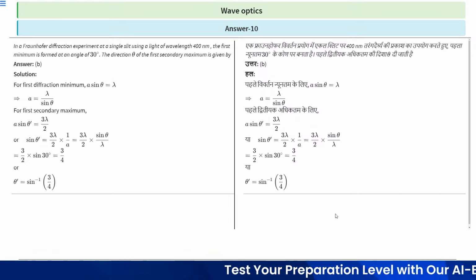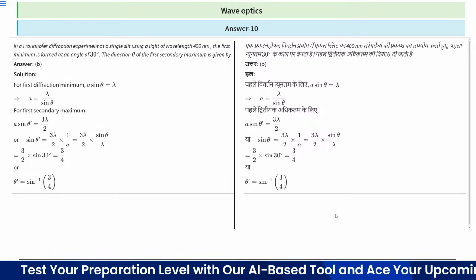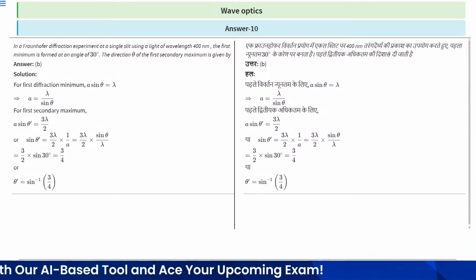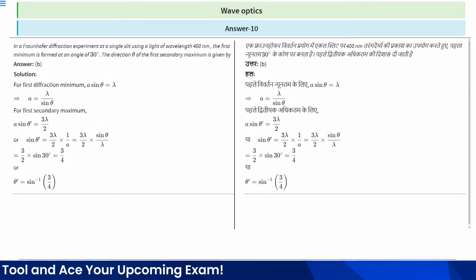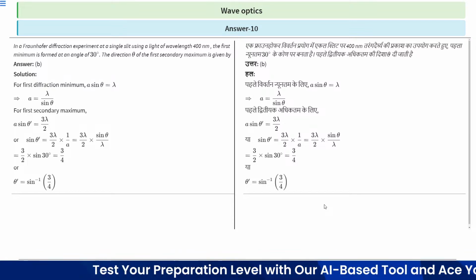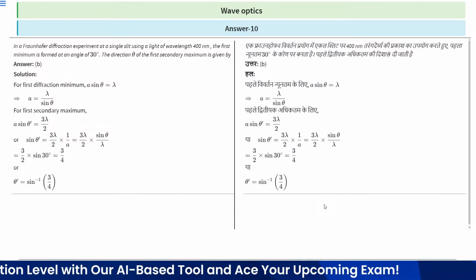So sin θ' = 3λ/2 multiplied by sin θ divided by λ, because a = λ/sin θ. When you put in the values, this is the simple mathematical calculation.